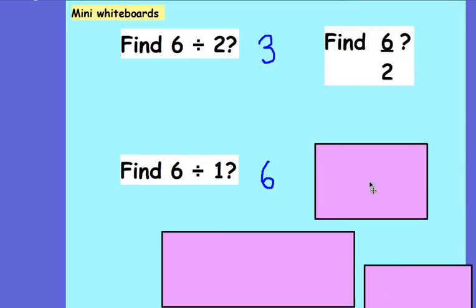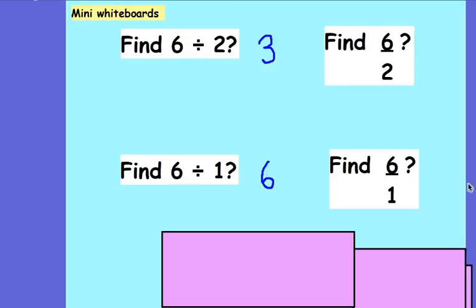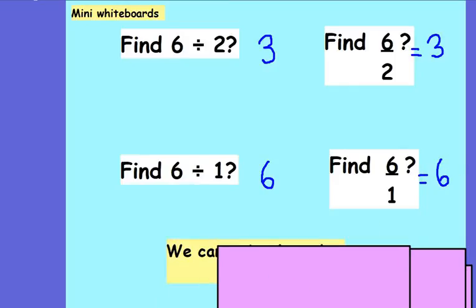So pause the video. What's 6 over 2 and what's 6 over 1? Okay, 6 over 2 just means exactly the same thing as 6 divided by 2. So that's also equal to 3. And 6 over 1 is the same as 6 divided by 1. So that's also equal to 6.